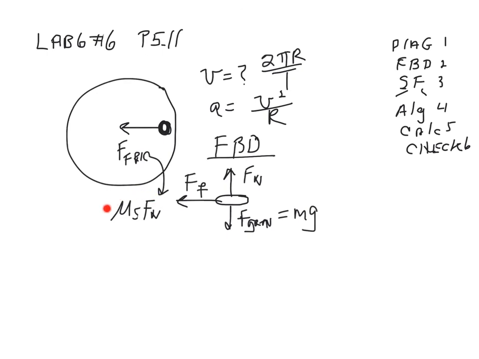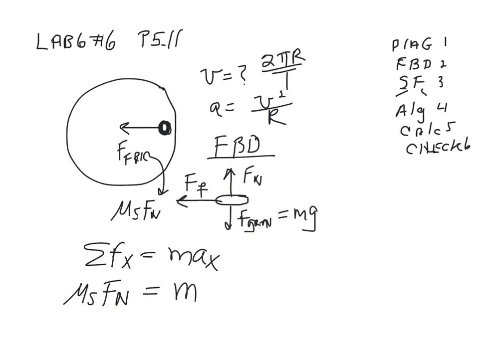And since the force of friction is mu s Fn, remember, s for static friction, to get mu s, we look at the sum of the forces in the x direction. If we call up and down y and horizontal x, we would have the sum of the forces in the x direction equal m a x. And you see there is only one x force, and that's the force of static friction.